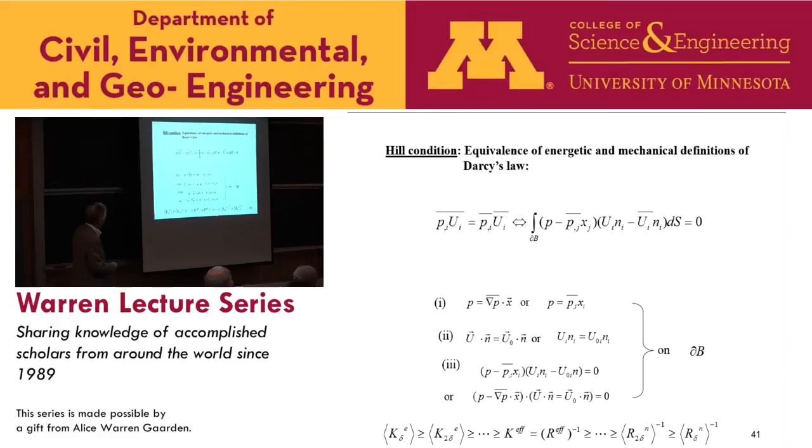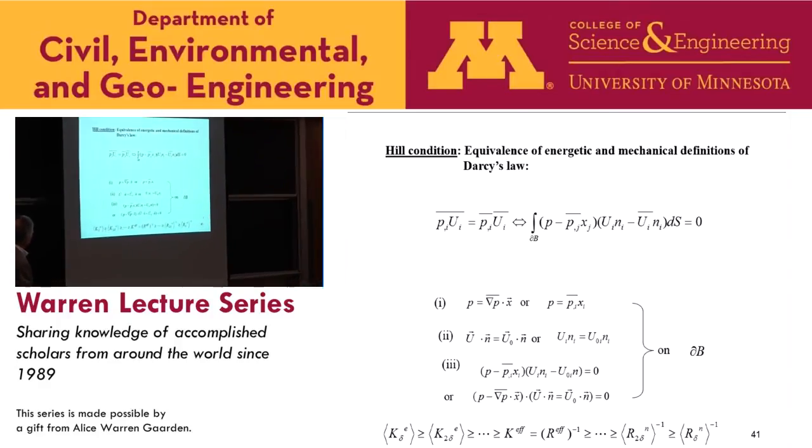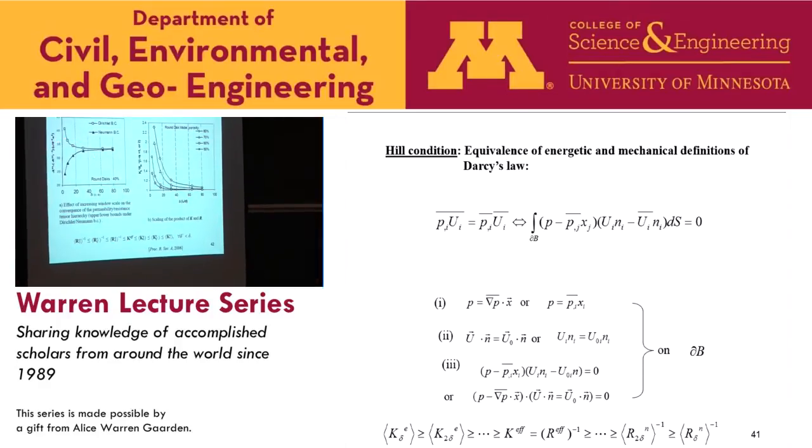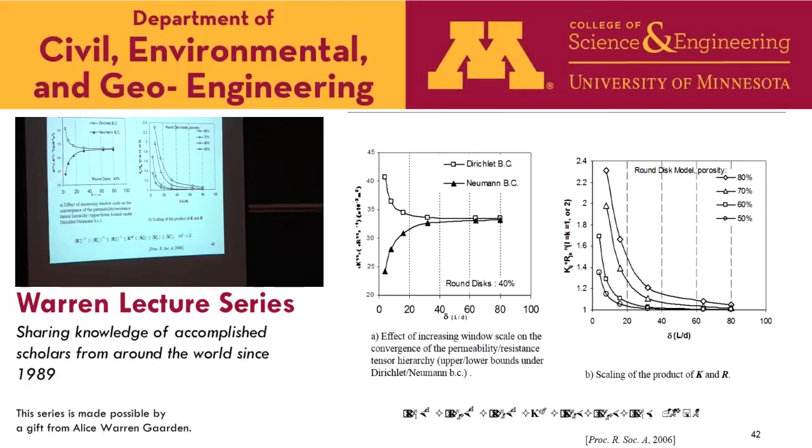And so one can get, again, a hierarchy of bounds on effective macroscopic permeability, say K, or resistivity R, from above, from below. And so here I'm showing some particular result for round disks occupying 40% of the entire space. Everything is in 2D.